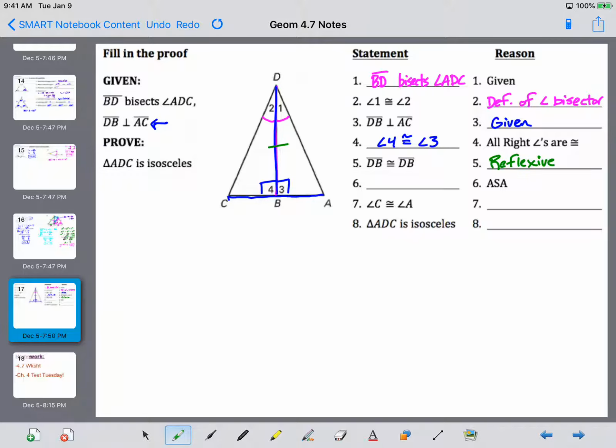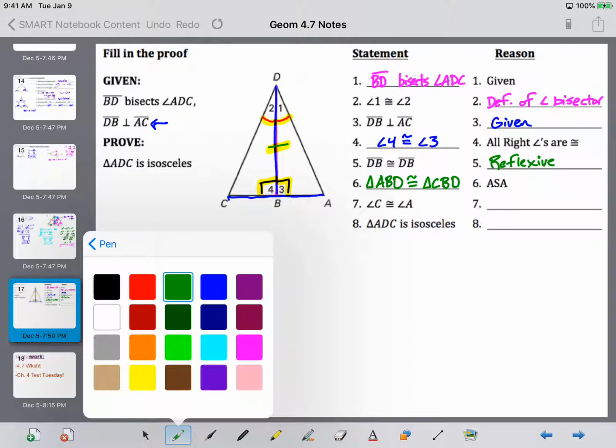All right, now look at your triangles. We've got an angle, a side, and an angle. And over here we have that same angle, side, and angle. So ASA tells us that the two triangles are congruent. So triangle ABD is congruent to triangle CBD. All right, and then we can say all the corresponding parts are congruent.